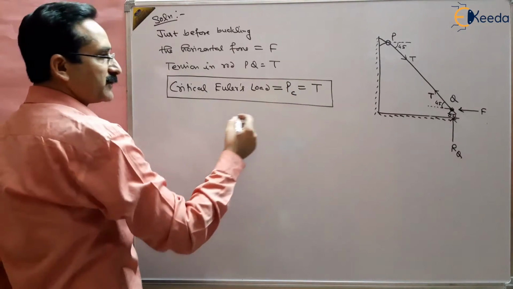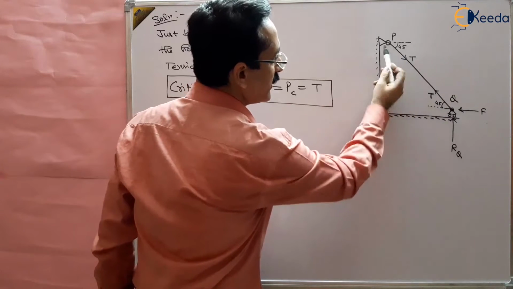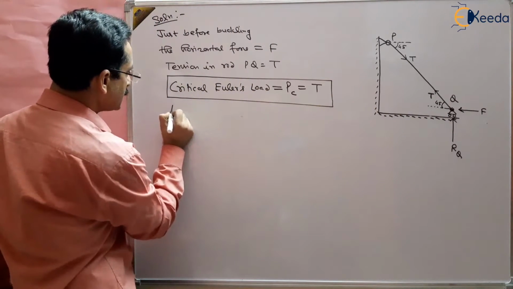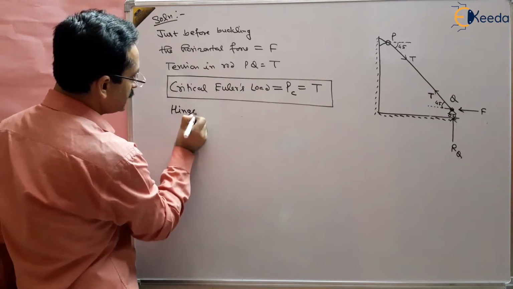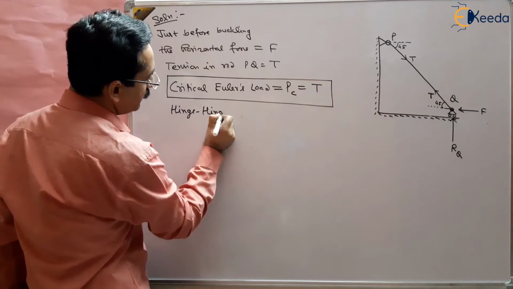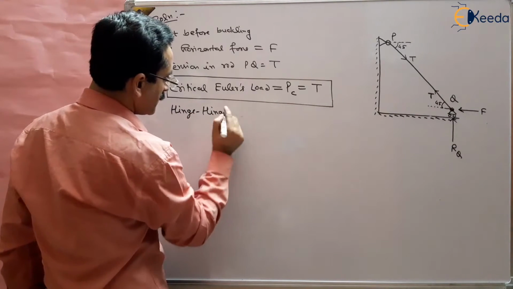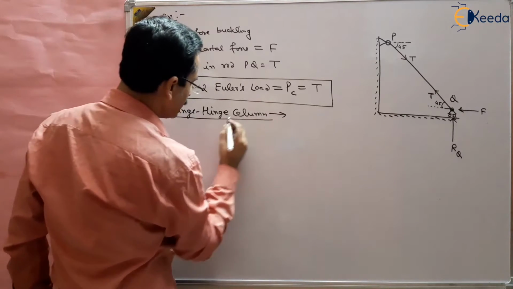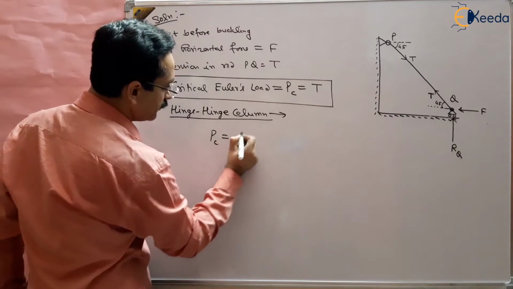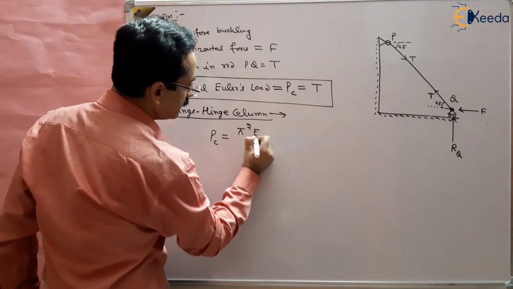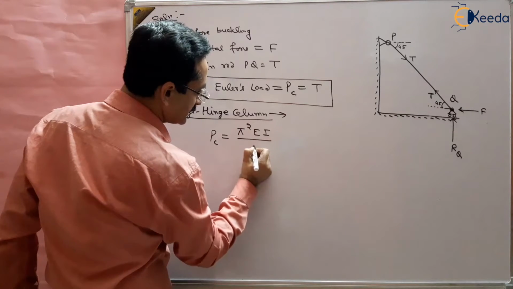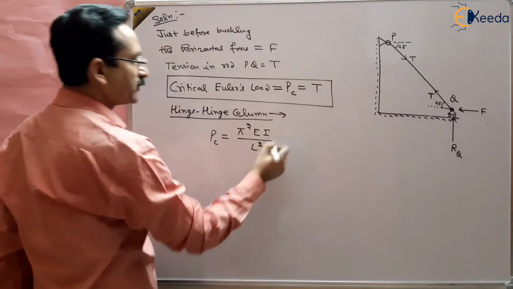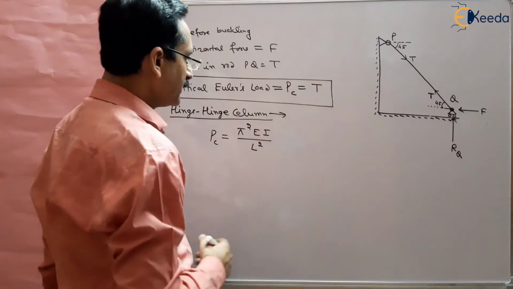For a column hinged at both ends, the Euler's load is given by the critical load equal to pi square EI upon L square, where L is the length of the column and EI is given to us.